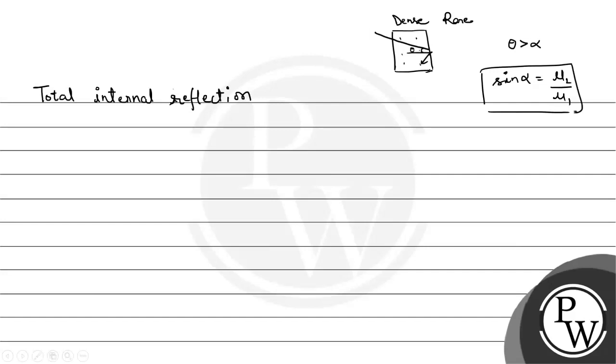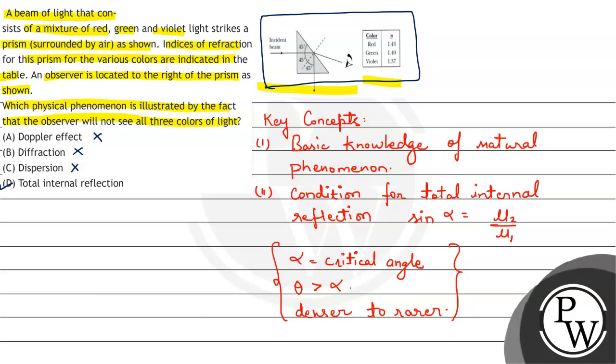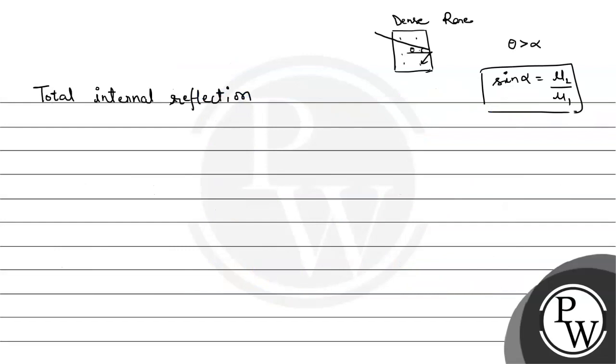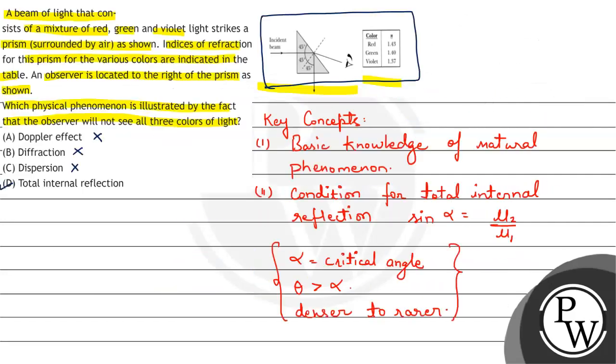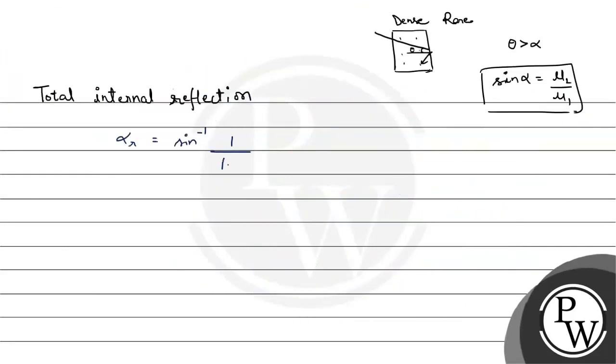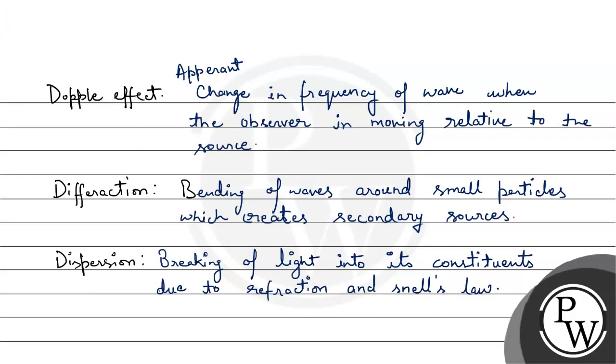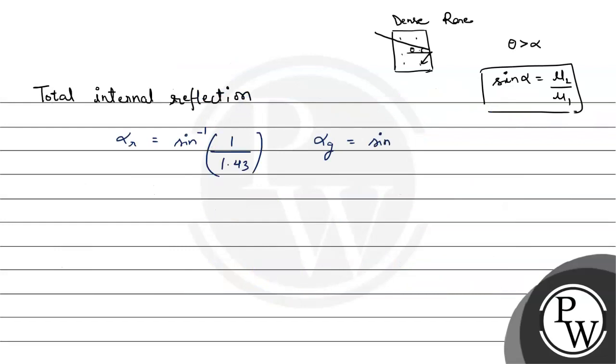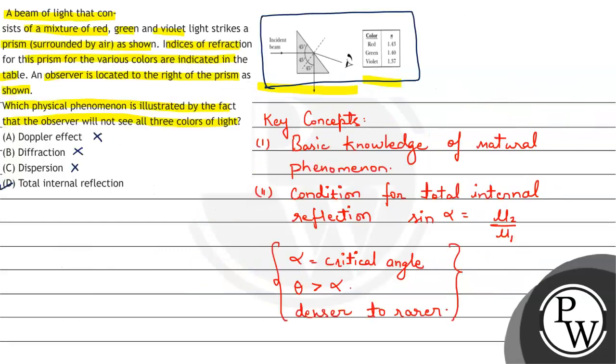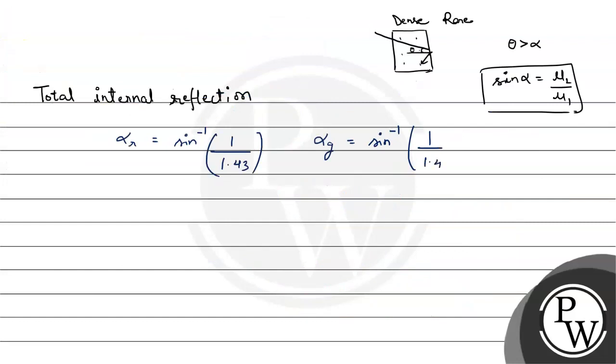Now, in this case, what is going on? We have alpha r is equal to sine inverse of 1 upon 1.43. Similarly, we have alpha g, which is the critical angle for green color. It must be equal to sine inverse of 1 upon 1.4.